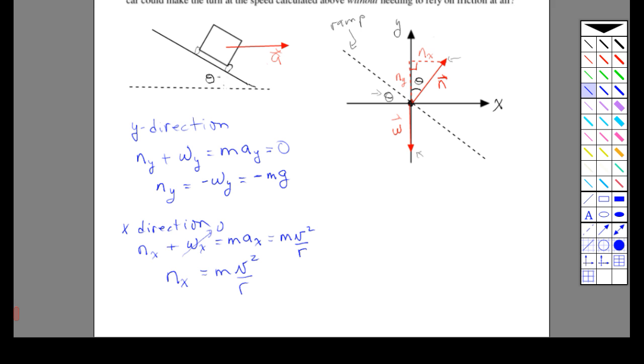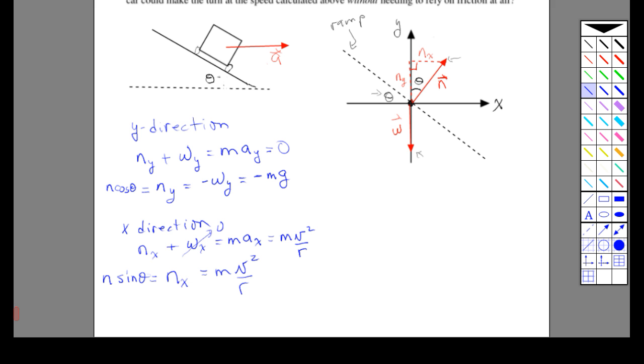Okay, so where do we go from here? Well, the x component of the normal force is equal to the magnitude of the normal force times sine of the angle theta. We also know from our previous equation that the y component of the normal force is N times cosine of theta.